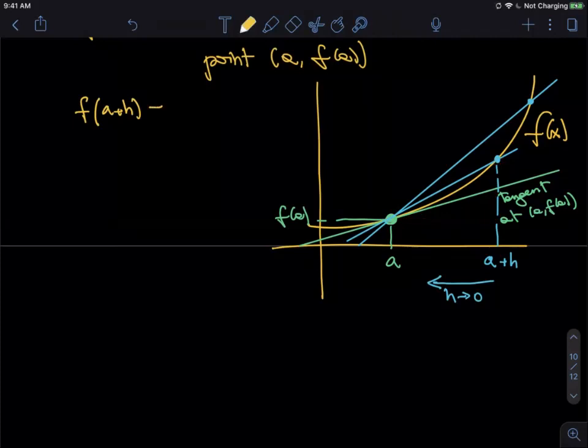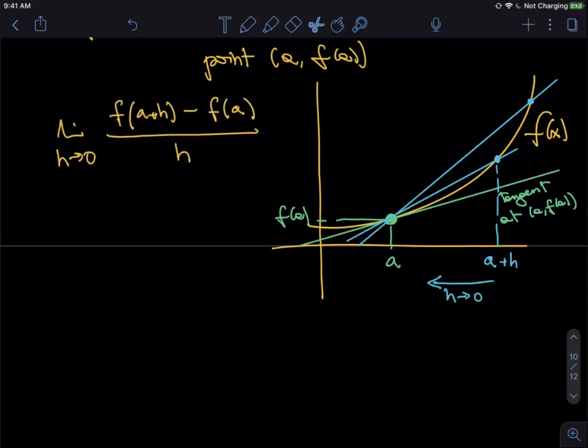So the total gain is f of a plus h minus f of a, and then that gain is over the distance from a to a plus h, and that distance is h. Okay, and then we want to take this h smaller and smaller, so that is a limit process. Okay, so this is the slope. This is the formula for the slope, and this is an exact formula.